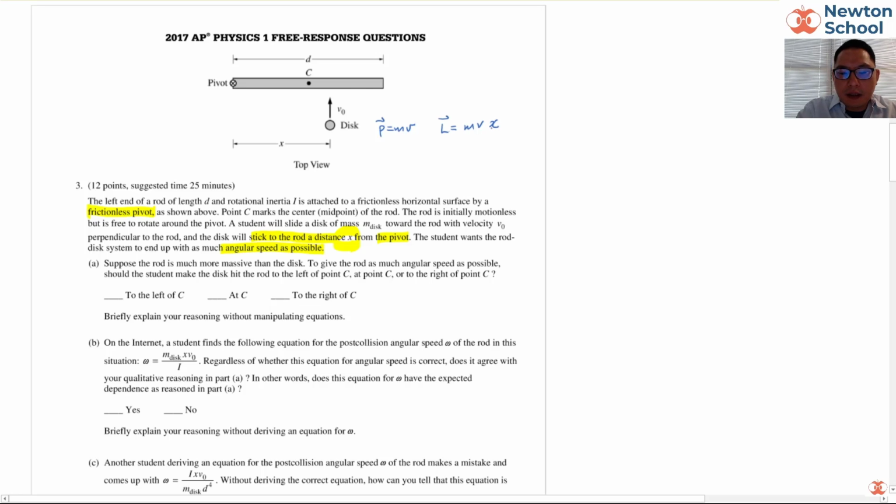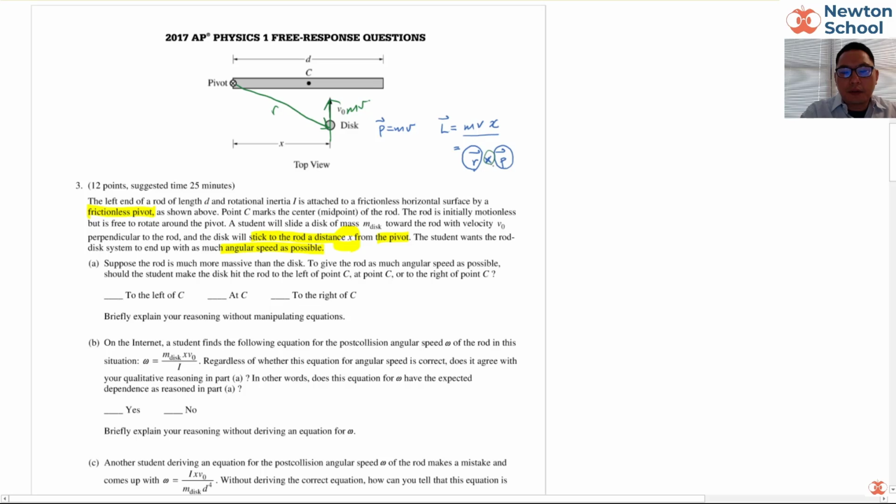Okay, this actually came from r cross p, and r is from the pivot to where the disk is. P is linear momentum. Cross product means you have to multiply the perpendicular component. So basically, this is your L vector, and that's your P vector of mv.